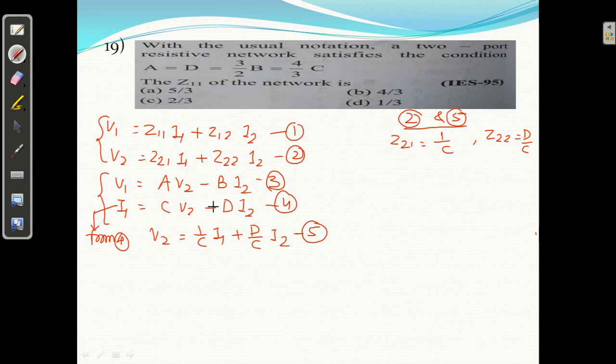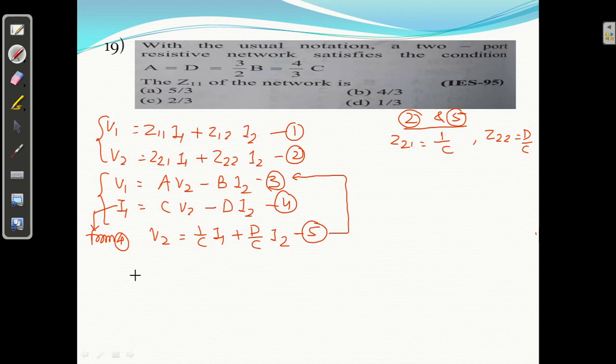Now I'm going to put the value of 5 in 3.